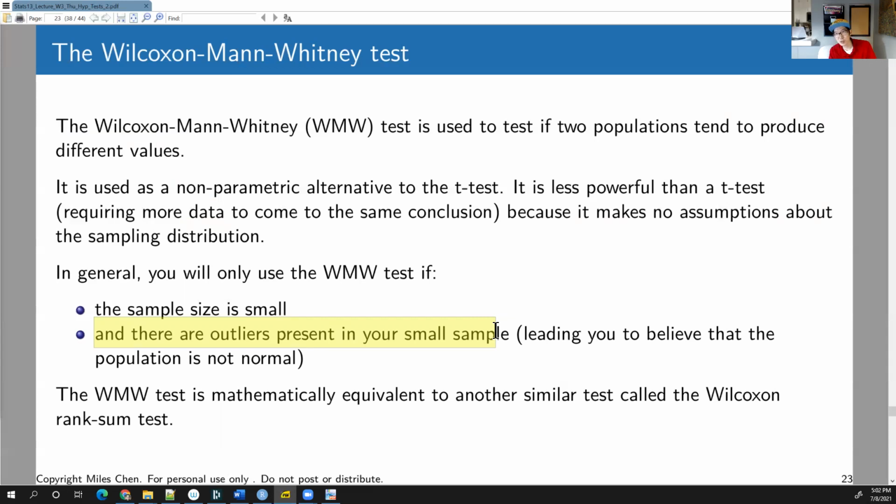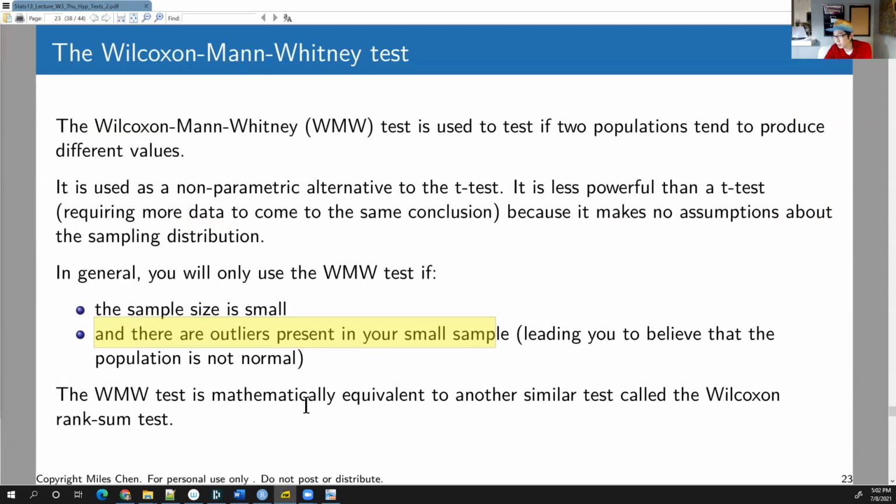If you have a small sample and there are no outliers, you might be able to get away with assuming the population looks kind of normal. But if you have a small sample size and you have outliers, then you don't want to say, oh, I'm going to assume my population is normal, okay? So if you have a small sample size and outliers in your small sample, Wilcoxon-Mann-Whitney is the safer test to use, okay?